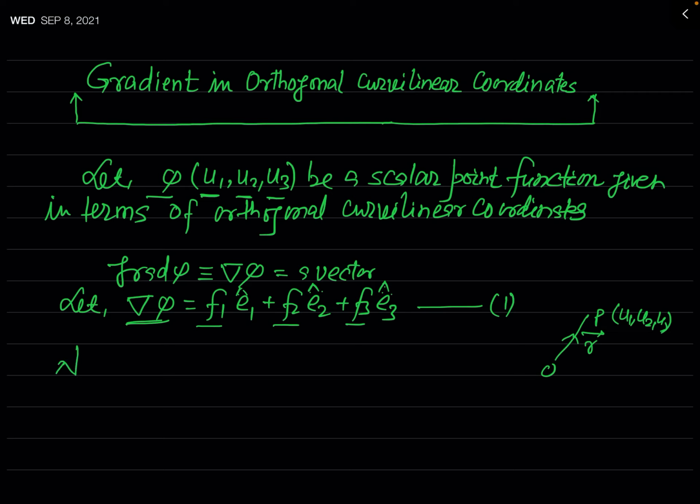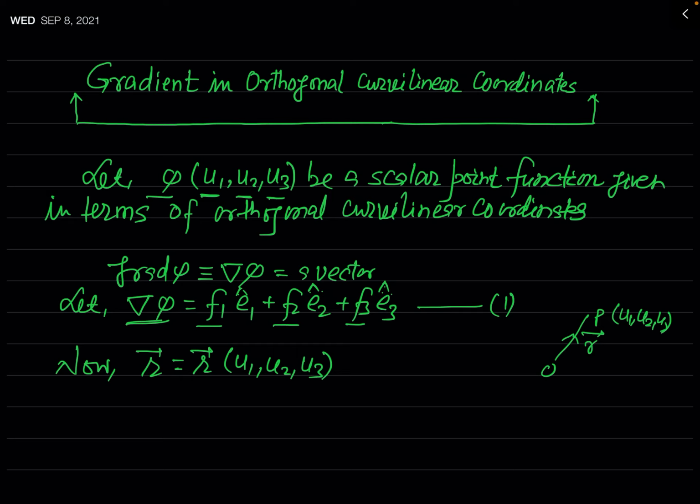So our transformation equation is r equal to r of u1, u2, u3. Here r is the position vector of the point P, where P is located anywhere in space, and u1, u2, u3 are the curvilinear coordinates of that point P. We have seen this transformation equation earlier when we defined this curvilinear coordinate system.